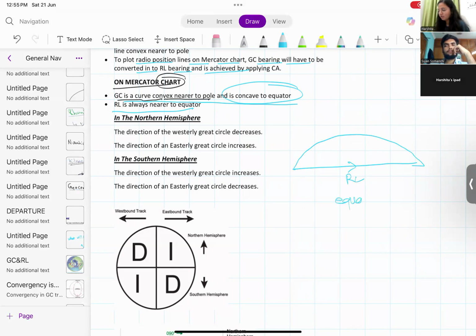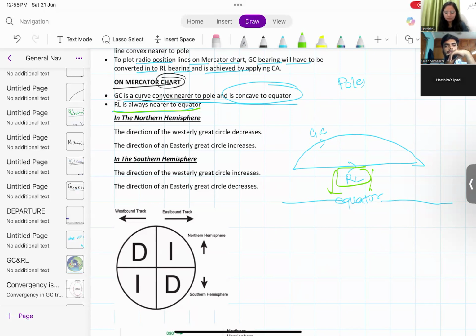So which one will be nearer to equator? This is equator. This is pole. Who is nearer to equator? The rhumb line or the great circle? Rhumb line. Very good. It is nearer to equator. So this is exactly what has been written here.